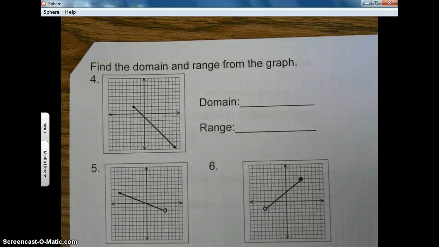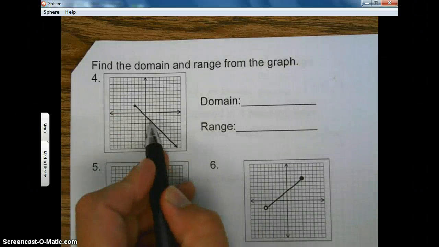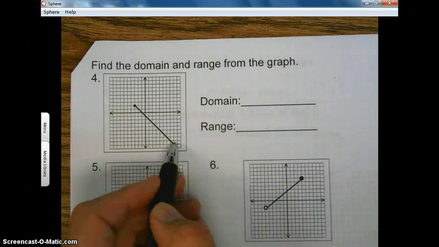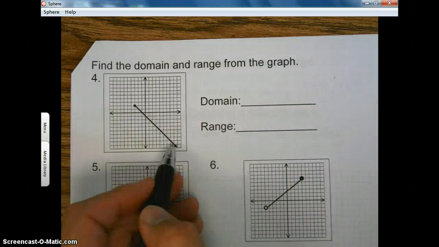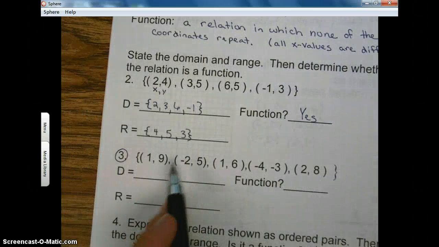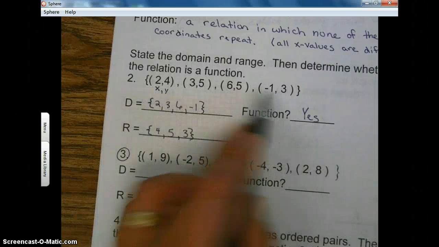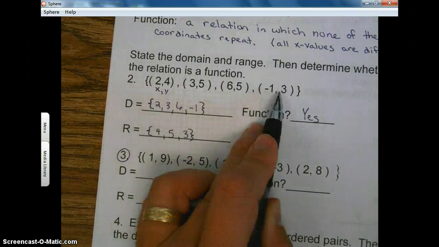Okay, let's take a look at these. We're looking at the domain and range of this graph. Now this graph is a continuous graph, so we're going to be writing our domain and range a little bit differently. Back over here, these are individual points, and if we were to plot them, there'd be 1, 2, 3, 4 points.